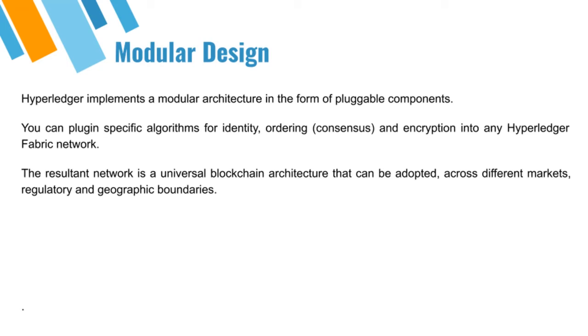After that, we have modular design. Inside Hyperledger, we follow a modular design structure, which forms a pluggable component approach. Basically, you can plug in specific algorithms for managing the identity of users, for the consensus algorithm, for providing encryption for the data, and many more services inside the Hyperledger Fabric network.